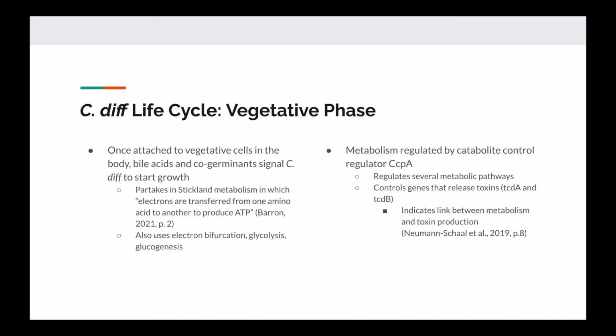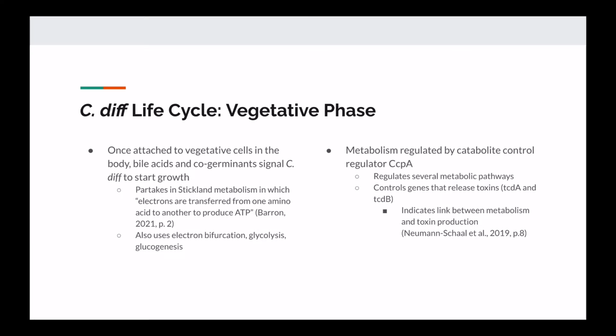The next stage is called the vegetative stage, and it's called the vegetative phase because once attached, bile acids and cogerminal signals start it growing, and it partakes in several types of metabolic pathways, such as Stickland metabolism, in which electrons are transferred from one amino acid to another to produce ATP.